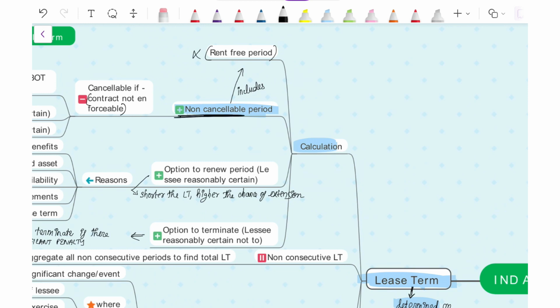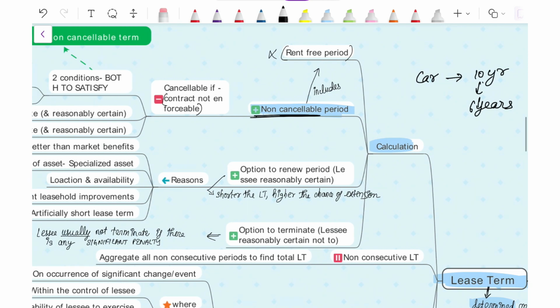In this period, you cannot cancel the lease. Suppose we have taken a car on lease, on a 10-year lease, out of which for the first 6 years it is a non-cancellable period, that you cannot terminate the lease here, you cannot do anything. Then in such case, that will be considered in your lease term.